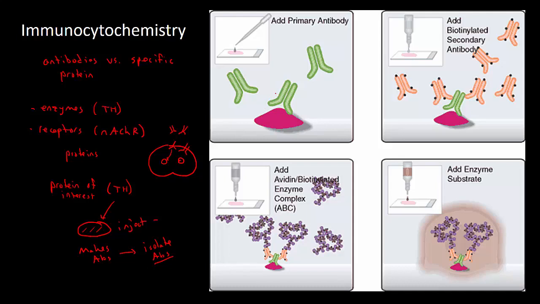Okay, so that's what this is showing. My primary antibody, in this case, let's say it's against TH, anti-TH. It's going to float around in the liquid. Wherever I have TH, though, it's going to stick. Okay? Now, I can't see an antibody by itself, so I have to do a little biochemical mumbo-jumbo. Somehow I have to label this. In some antibodies, I can actually take a fluorescent marker.